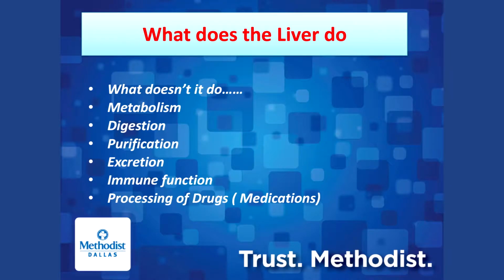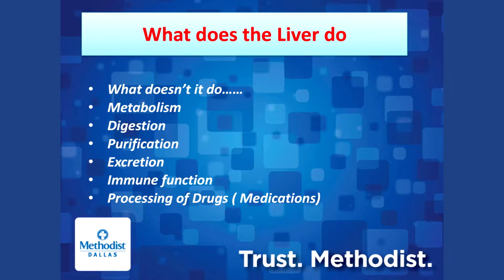It purifies a lot of toxins, and when the liver is sick, a lot of toxins stick around in the body and cause a lot of symptoms. It is a major excretory organ. A lot of food products that are not needed, and the residue, are all excreted by the liver into the bile and through the stools.